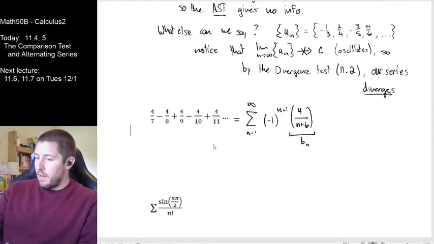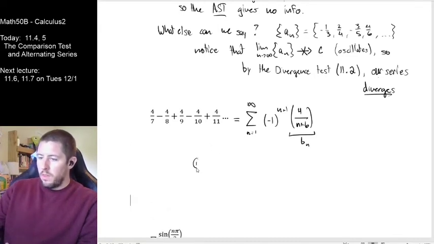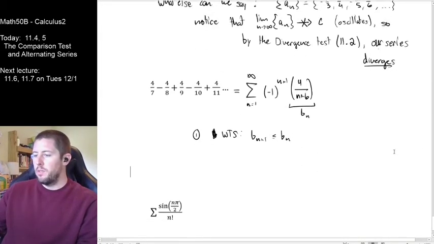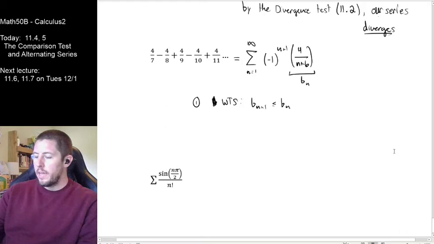In this case right here, we want to show that, let me back up here, we want to show b sub n plus 1 is less than or equal to b sub n. We want to show that it's a decreasing sequence of magnitudes. I can do that by, let's see what we got here.